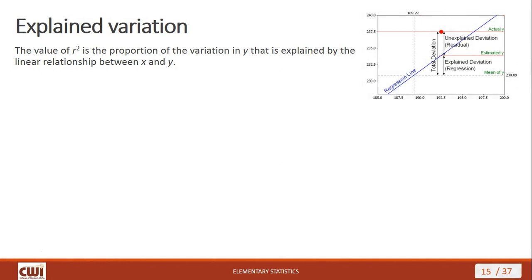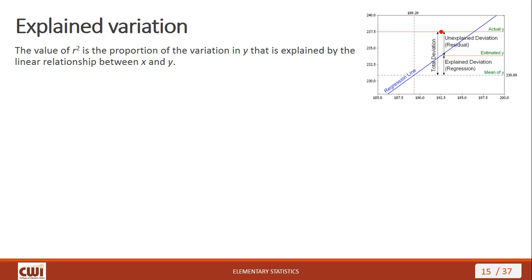Let's talk for a moment about a concept called explained variation. If we take our linear correlation coefficient and square it so that it becomes r squared, then this value becomes the representation of the proportion of the variation in y explained by the linear relationship between x and y.